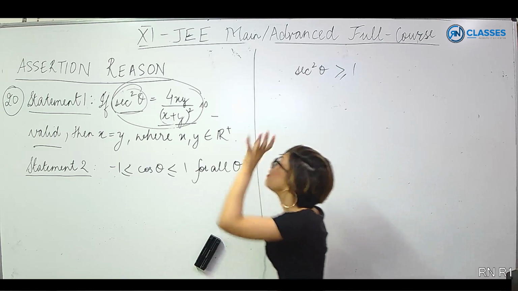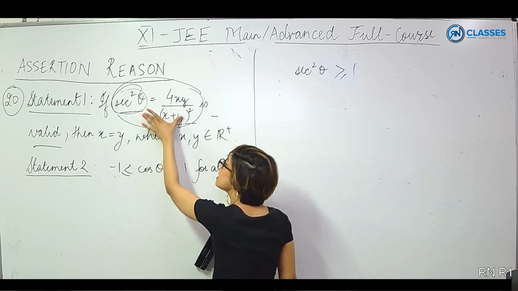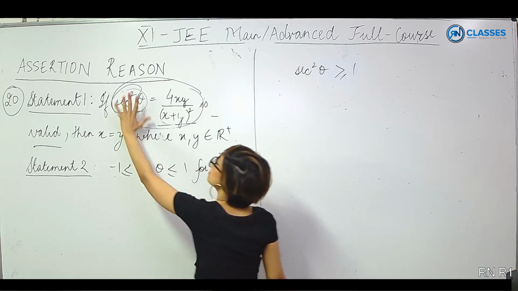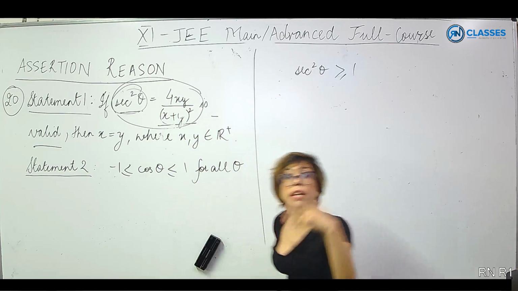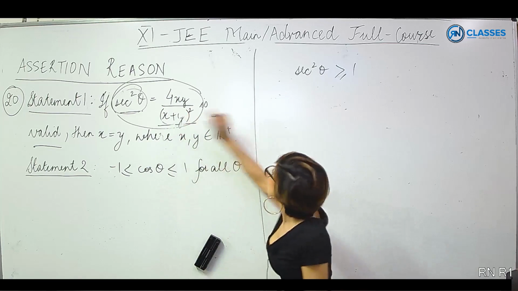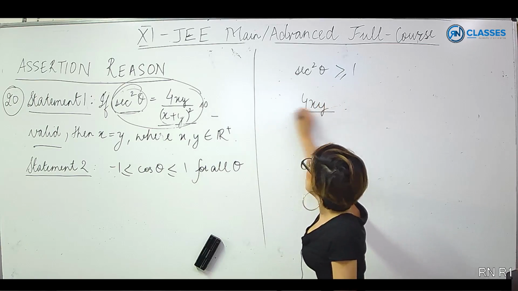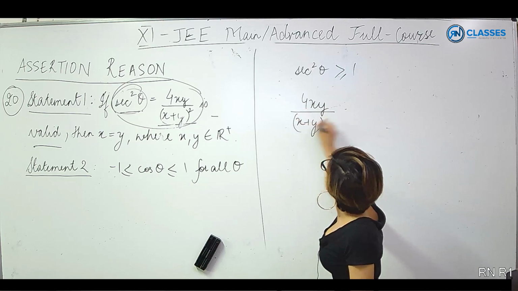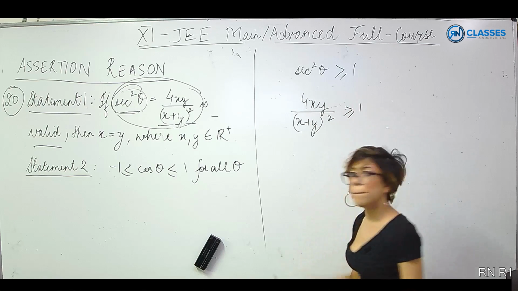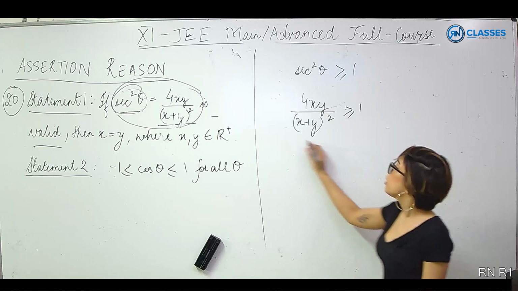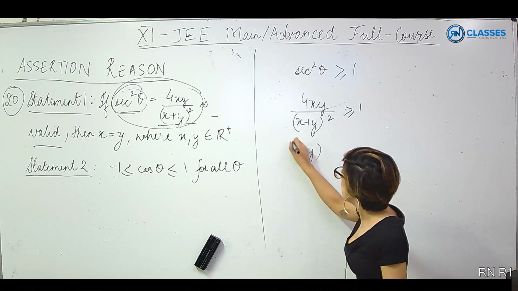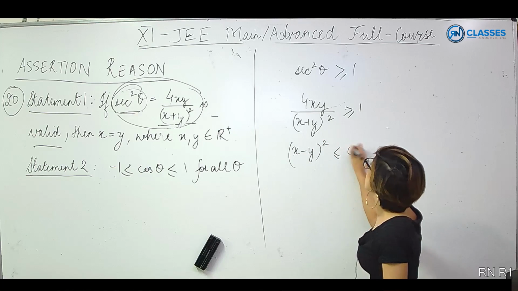Now, if I want this equation to be valid, that means if this is greater than equal to 1, this has to be greater than equal to 1. Then only equality will occur. That means 4xy divided by (x plus y) whole square should be greater than equal to 1. Now, you can cross multiply, positive quantities are there. You will get (x minus y) whole square less than equal to 0.